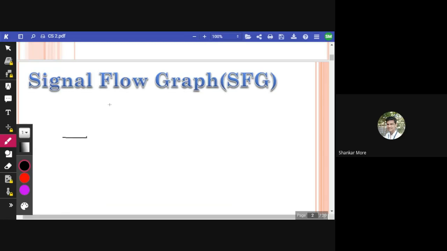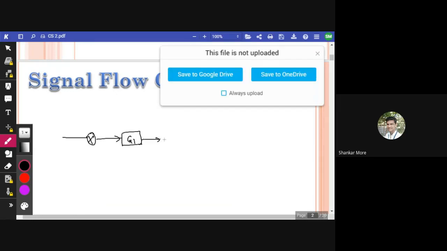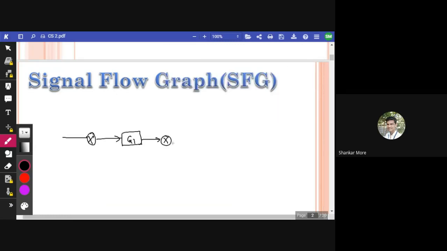Let us suppose a summing point is here. Then we have block G1. Then we have another summing point. Then we have block G2 here.